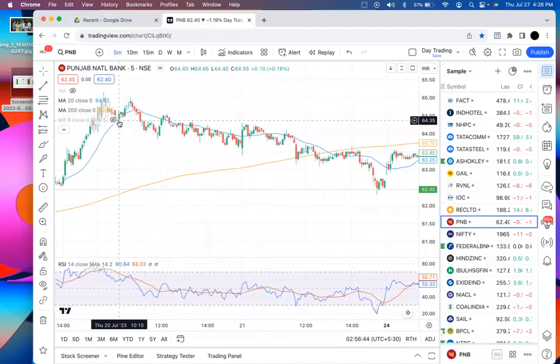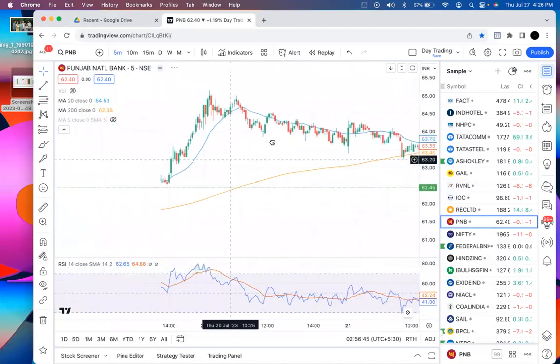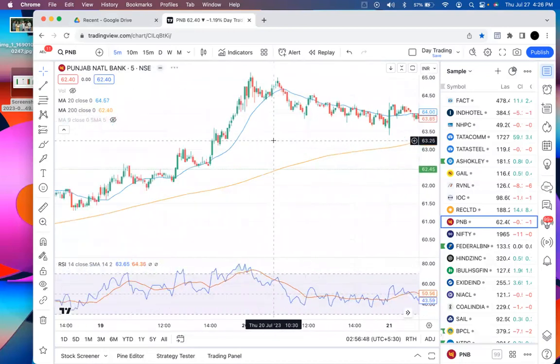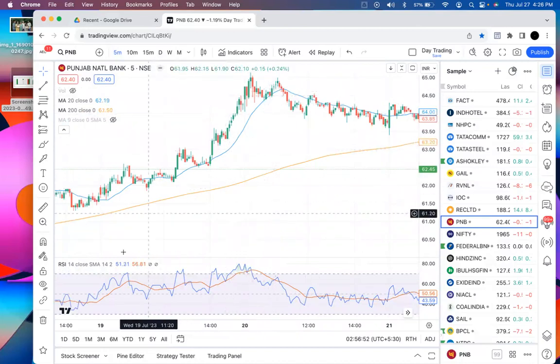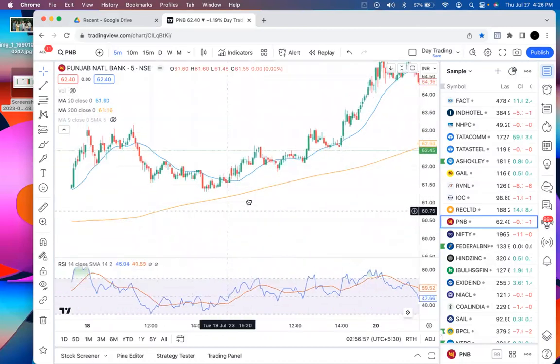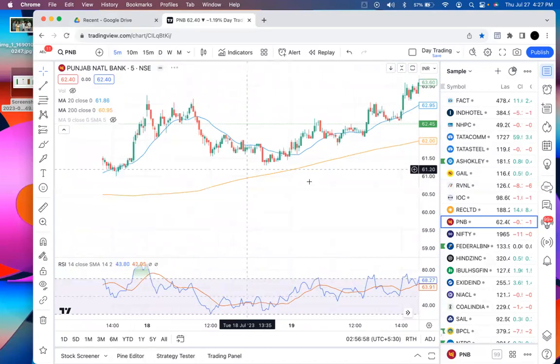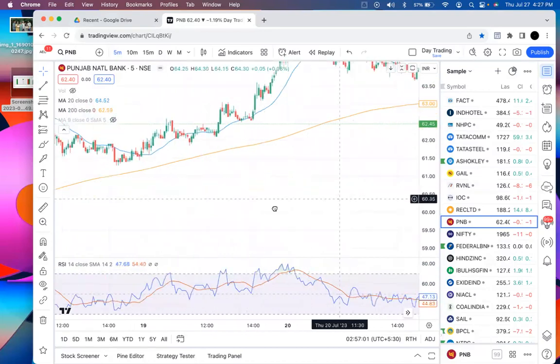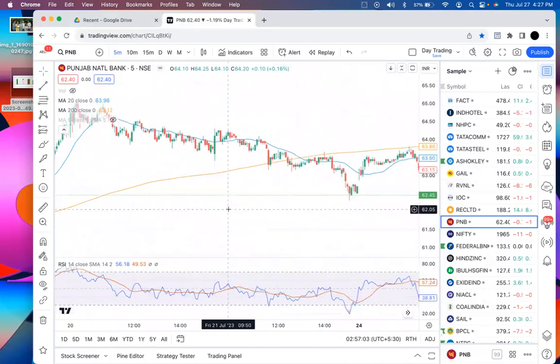There's no way to identify how much further, but then it begins to come back again, closer to the 200, and then pushes out again. So this is an oscillating thing that you will see.